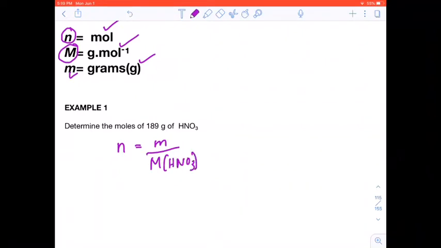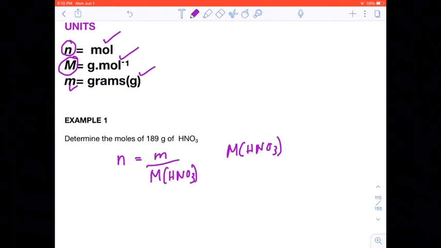I normally like to write it like this: HNO3. And what's the molar mass of HNO3? We have to get that. We get the formula mass and we express it in grams. What is its formula mass? Hydrogen is 1 plus nitrogen is 14 plus 3 times oxygen is 16.